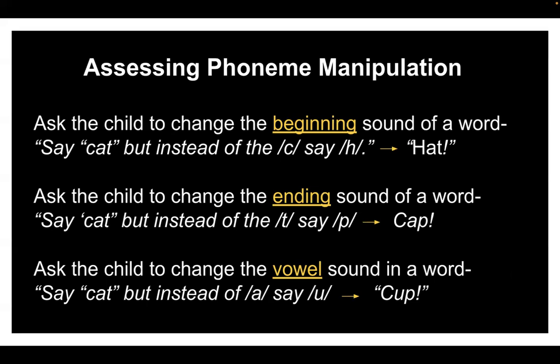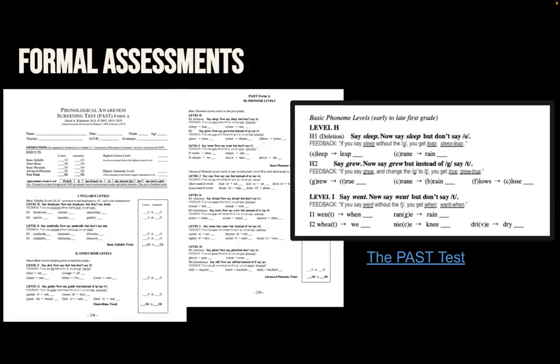So say cat, but instead of the t, say p, and the word is cap. You can ask them to change the vowel sound. So say cat, but instead of a, say u, and the word is cup. This is now getting really, really complex for students.